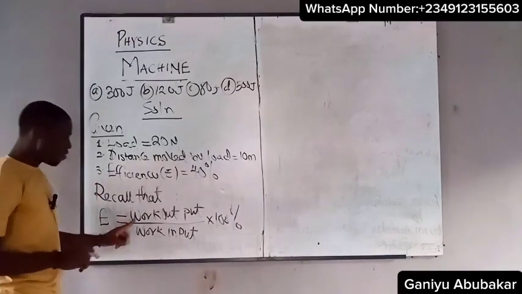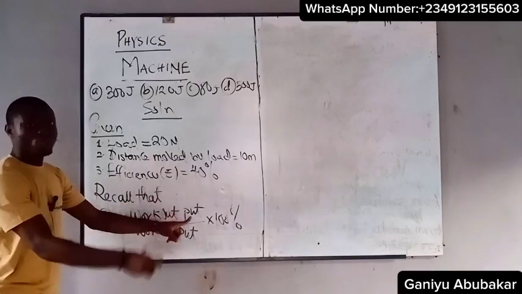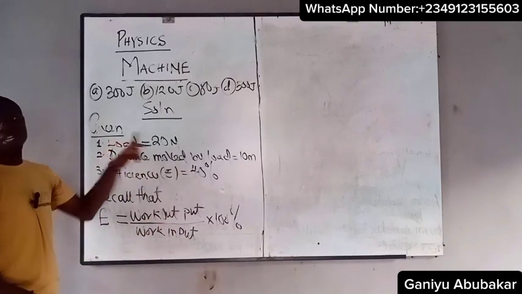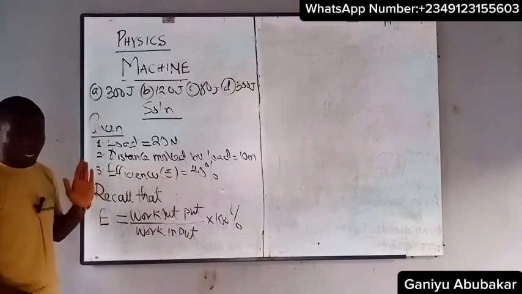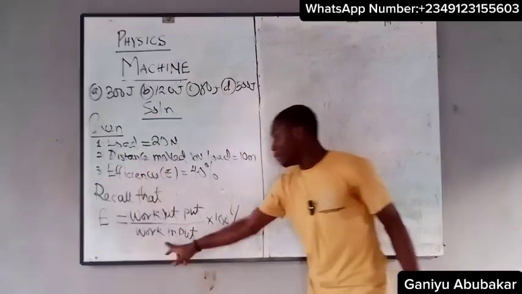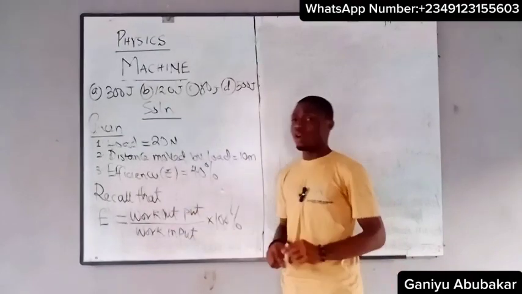I'm given work output? How do I know? We said work output is simply the product of load and distance moved by load. No problem. We are looking for work input. No stress. Let's get work output.